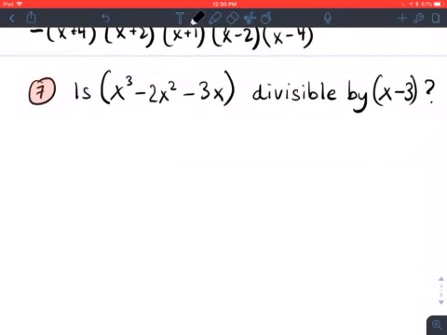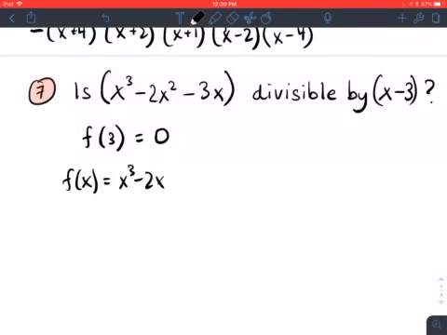For number 7, to check if x cubed minus 2x squared minus 3x is divisible by x minus 3, we use the factor theorem. If it is divisible by x minus 3, the factor theorem says that f of 3 must equal 0. So we will plug the number 3 as input into the function f of x equals x cubed minus 2x squared minus 3x.